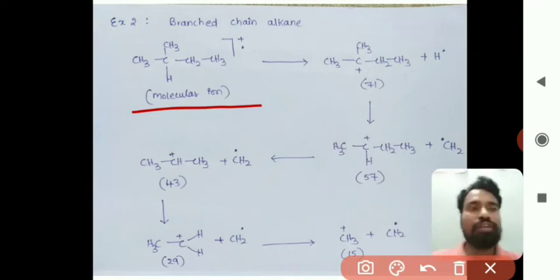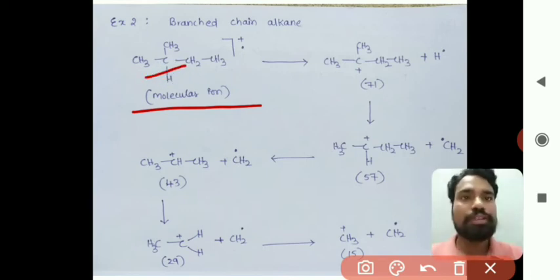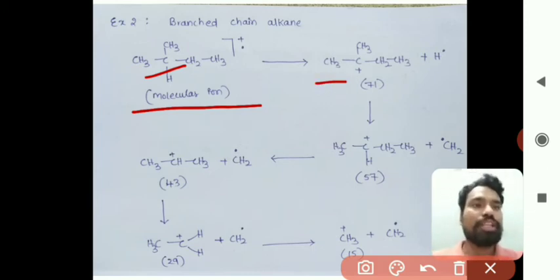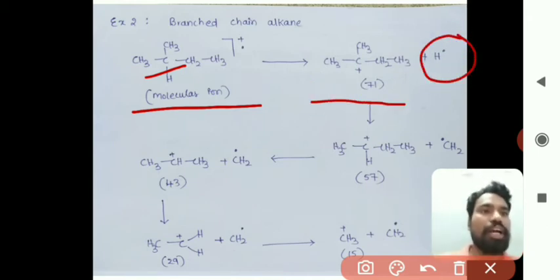As we have already discussed, in branched chain alkanes the carbon-hydrogen bond breakage takes place, right here. So now what will happen? This leads to CH3, C plus, CH3, CH2, CH3. So a carbocation is formed by losing a hydrogen radical.